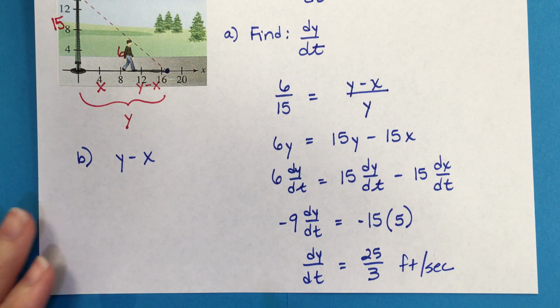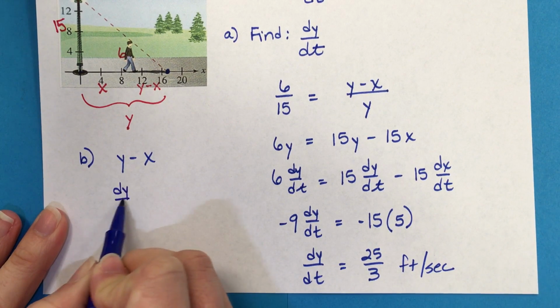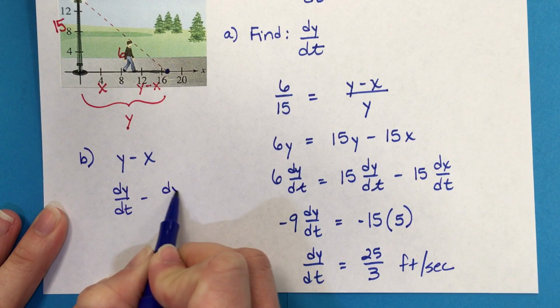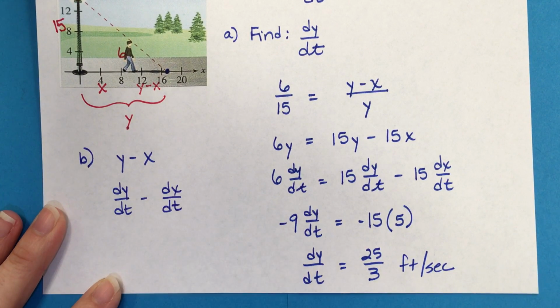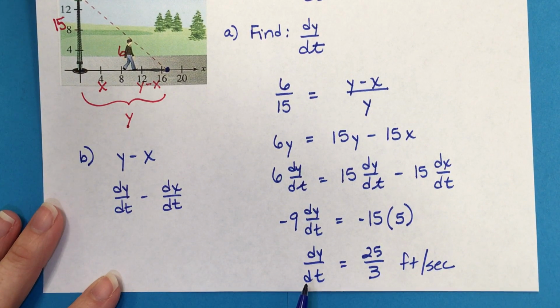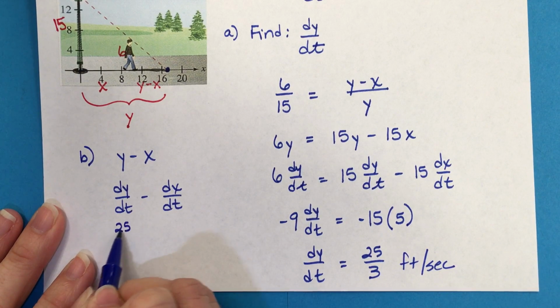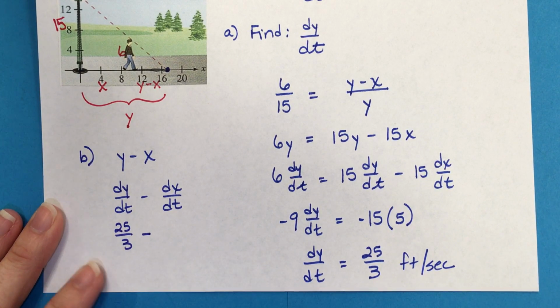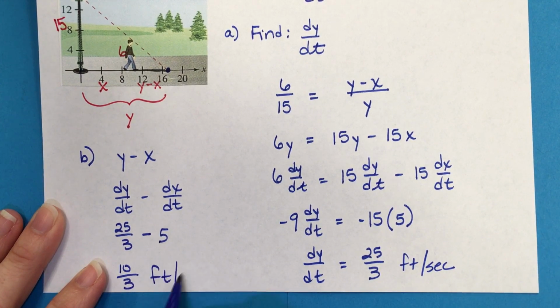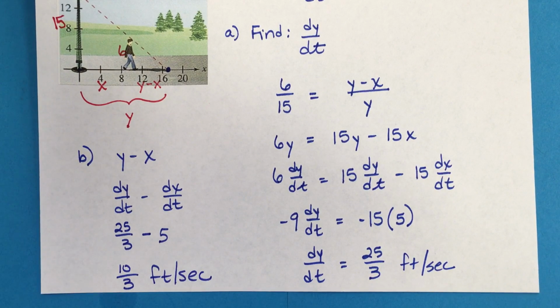If you differentiate, this is just dy/dt minus dx/dt. We've just found dy/dt to be 25/3, and then you subtract the dx/dt of 5, and that gives you 10/3, so 10/3 feet per second is your answer to part B.